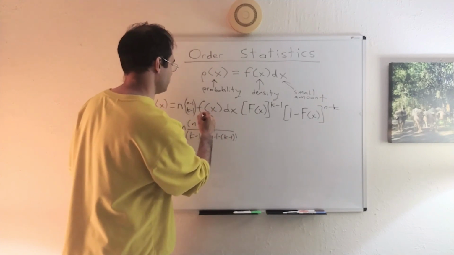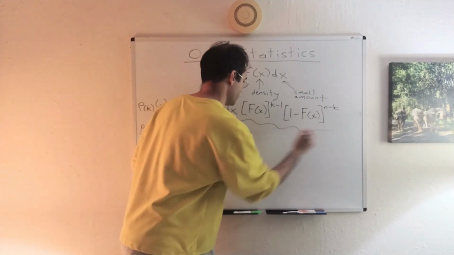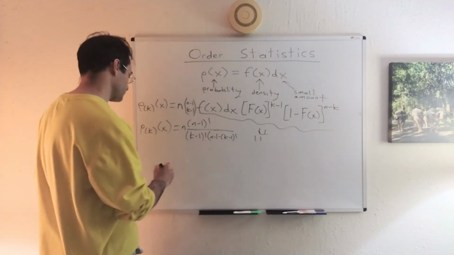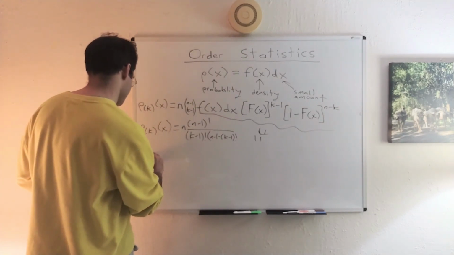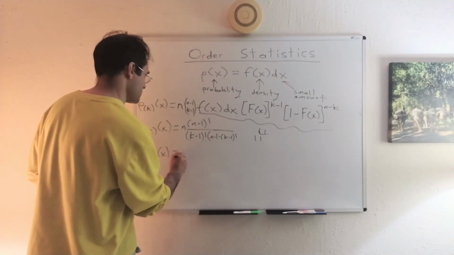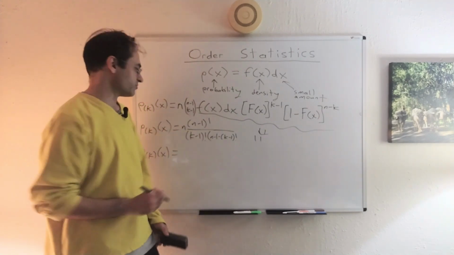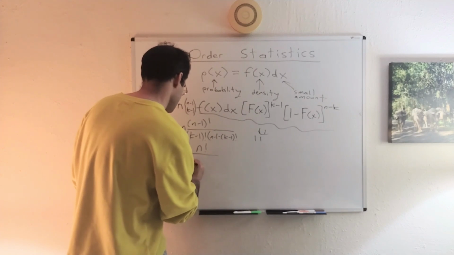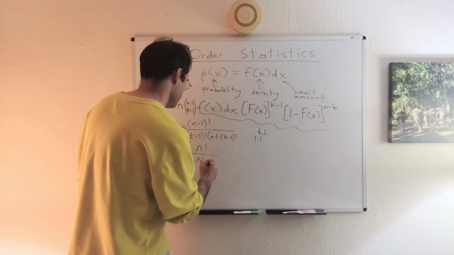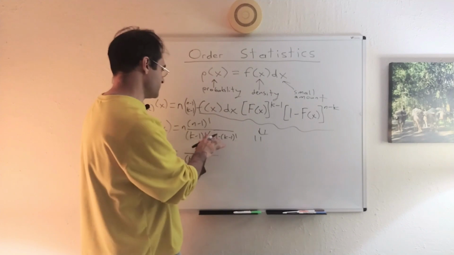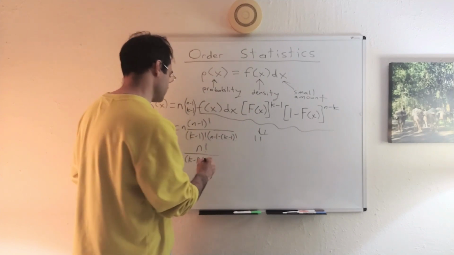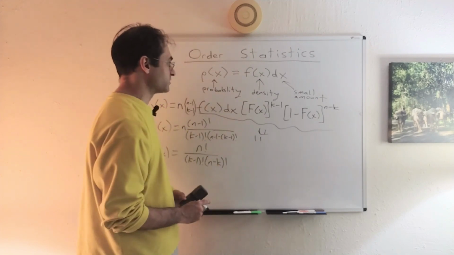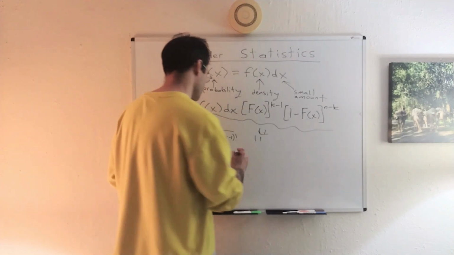And then all of this stuff remains. n times (n minus 1) factorial, that's just n factorial. k minus 1 factorial remains the same. Minus 1 and plus 1 will cancel, and we just get n minus k factorial.